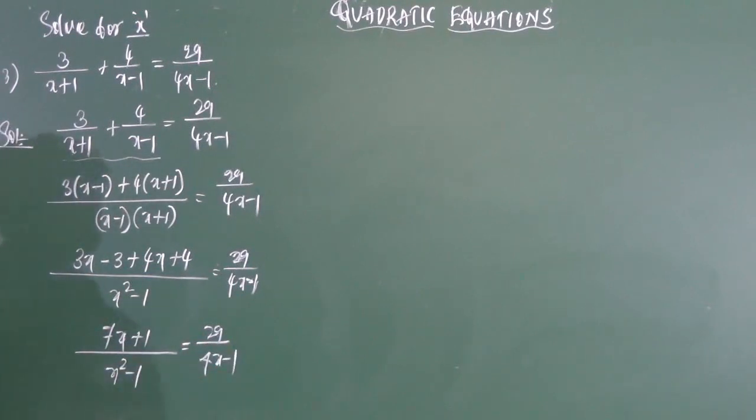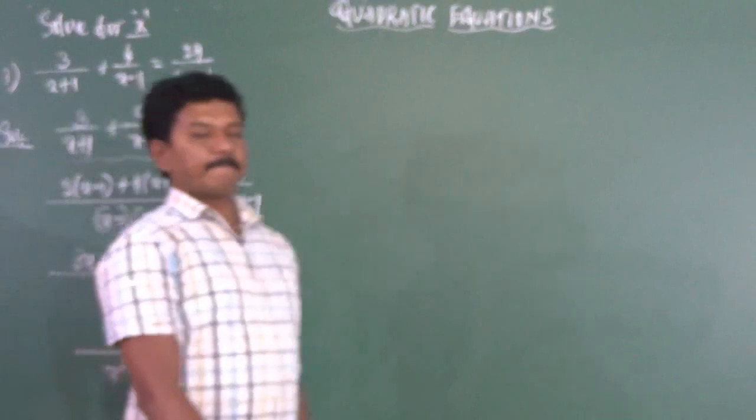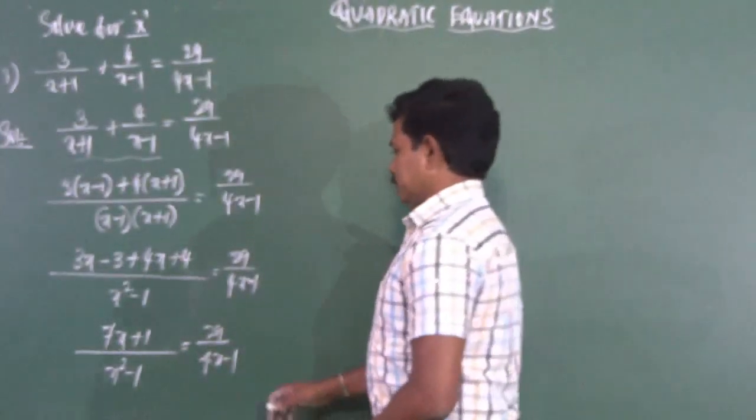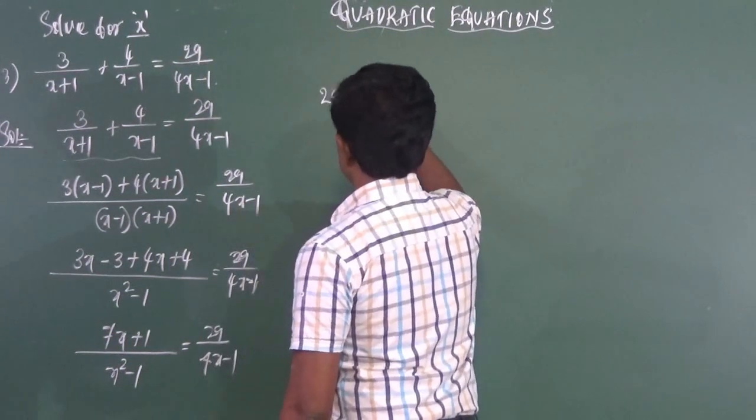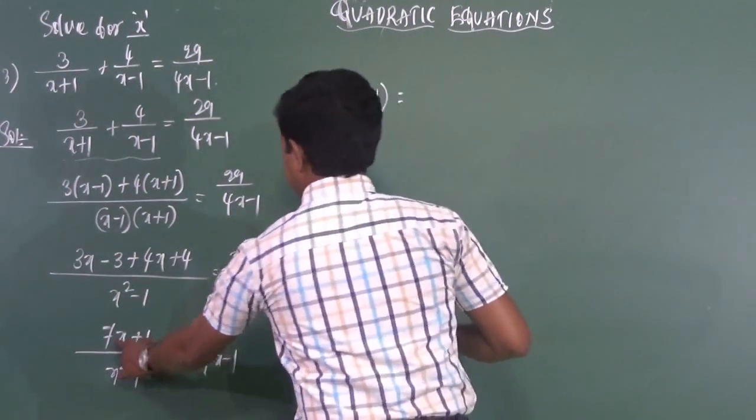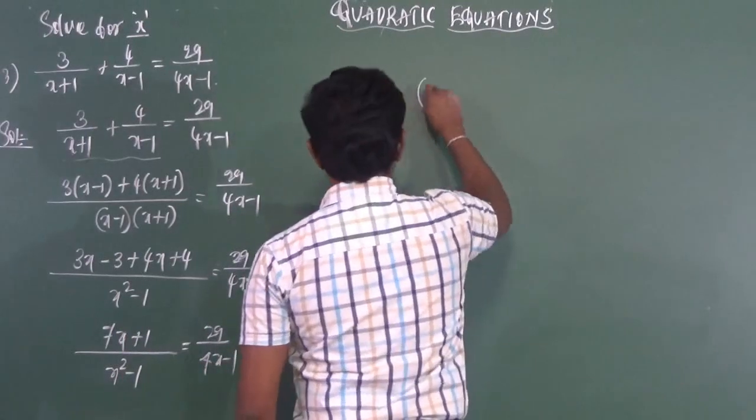So the best possible step now is cross multiplication. So x square minus 1 into 29: 29 into x square minus 1 is equal to 7x plus 1 into 4x minus 1.